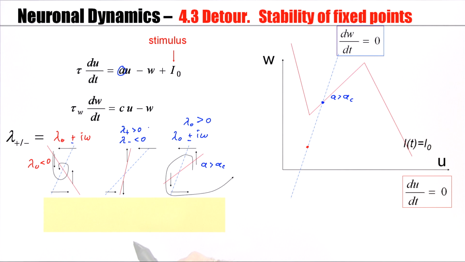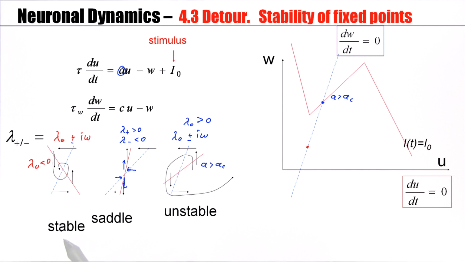The negative eigenvalue corresponds to the attraction towards the fixed point, whereas the positive eigenvalue corresponds to the divergence from the fixed point here in the vertical direction. So we have the scenario of a stable fixed point with a rotational component, of a saddle point, and of an unstable fixed point with a rotational component.